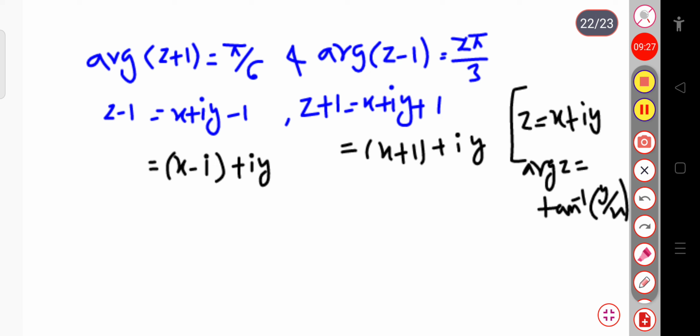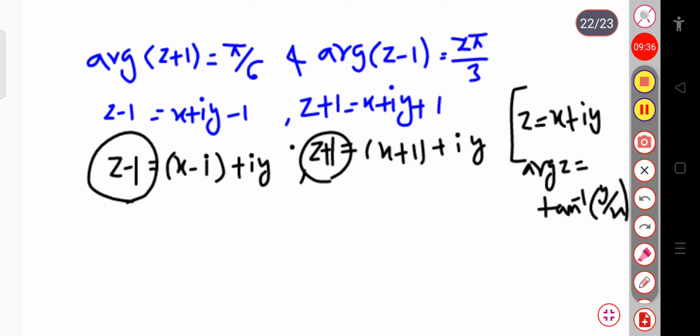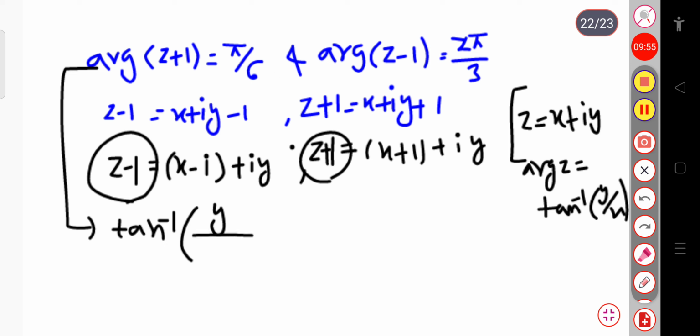But here, this is z minus 1 and this one is z plus 1. So if I consider z plus 1 as z and calculate the argument, for the argument of z plus 1 it is the tan inverse of the imaginary part y divided by the real part, and its value equals pi by 6.